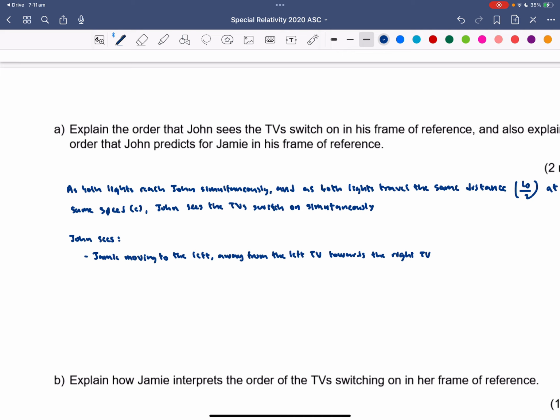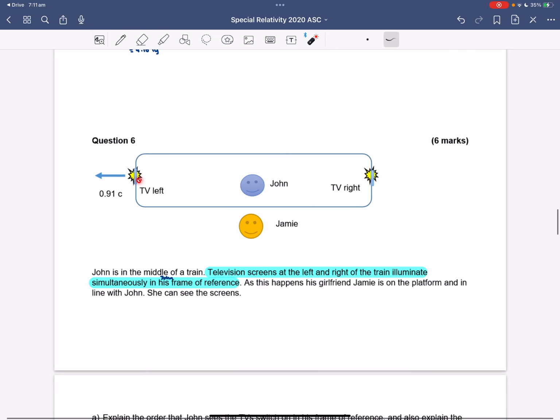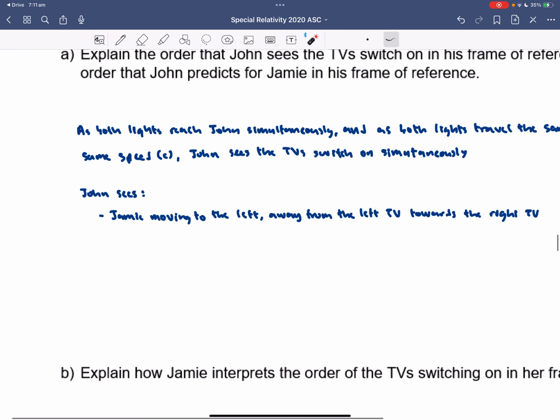And remember, John thinks that both these TVs were illuminated simultaneously. So John thinks that this one and this one turned on at the same time, and Jamie's going to run towards this.